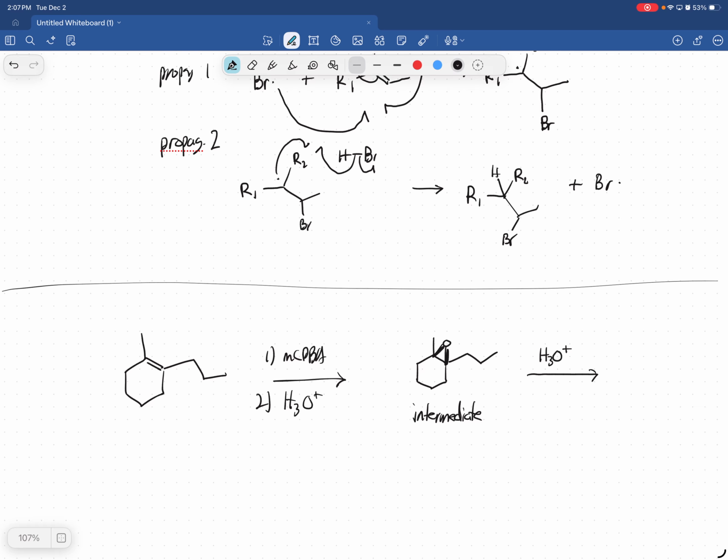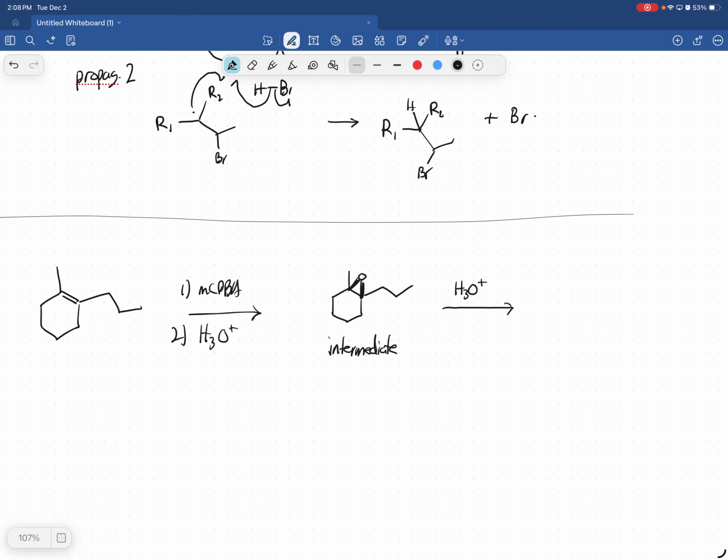Well, I made both sides equally substituted. So this is actually going to be a little more messy than I anticipated. So what we get here is protonation at the epoxide, right? And then which side does it open at? They're both equally substituted, and they're both linear chains, so there's no steric argument. So what happens here is water will attack both sides.